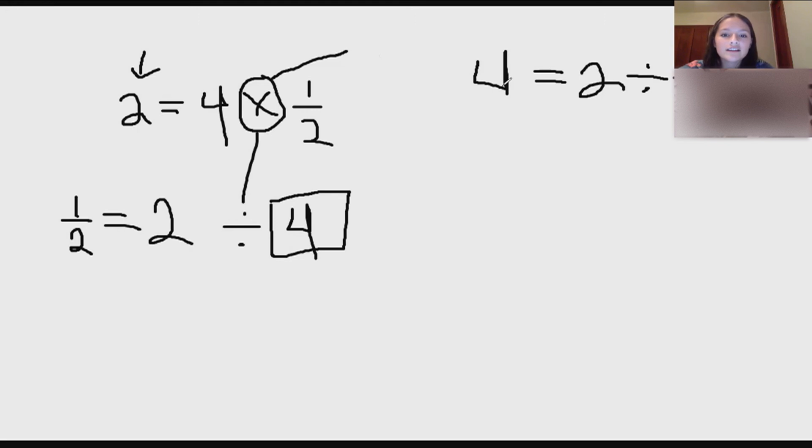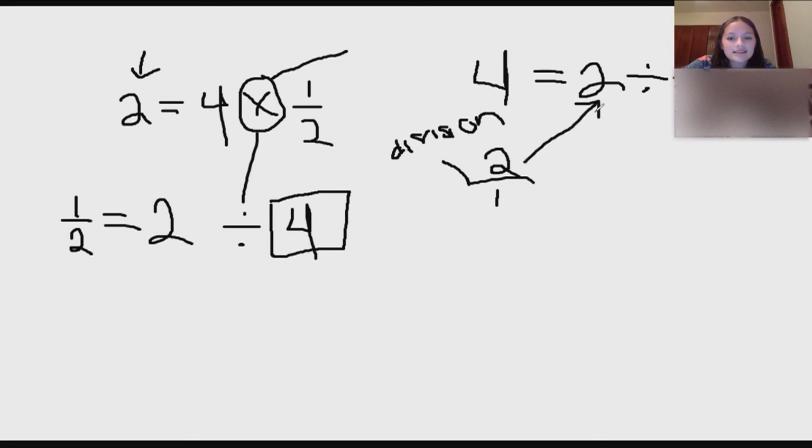First, how do you write 2 as a fraction? 2 over 1, because remember, this line is equal to division. So 2 divided by 1, what does that give you? 2. Yes, good job. So this is the same thing as this.